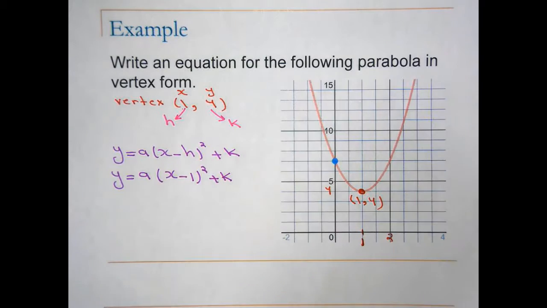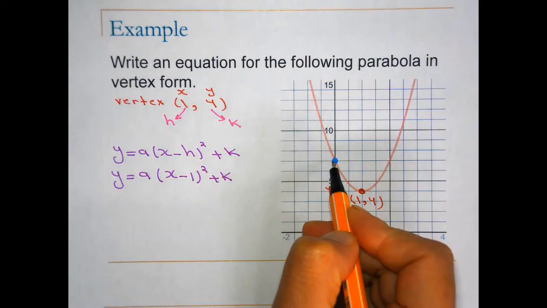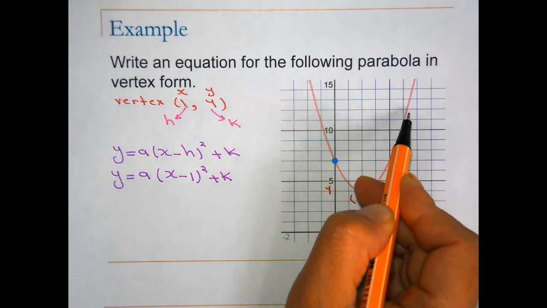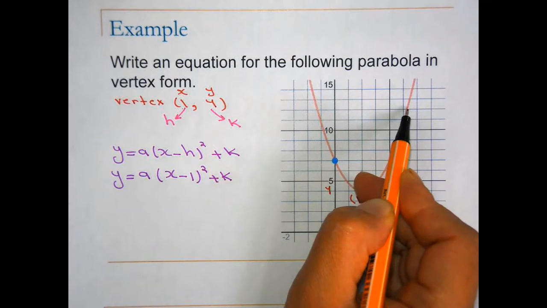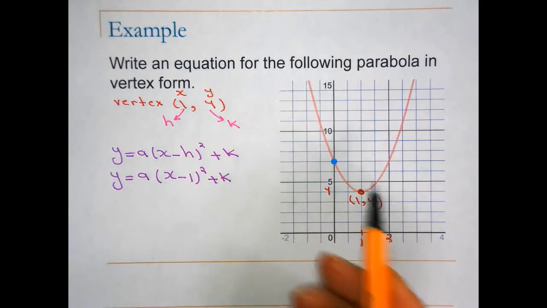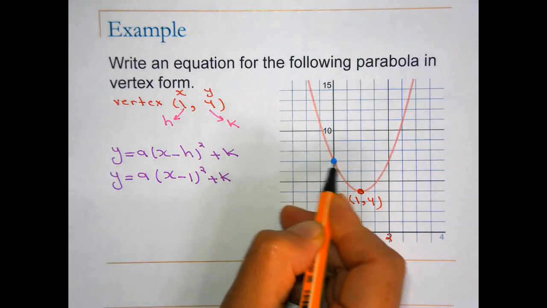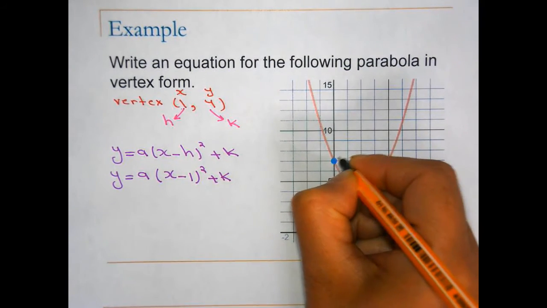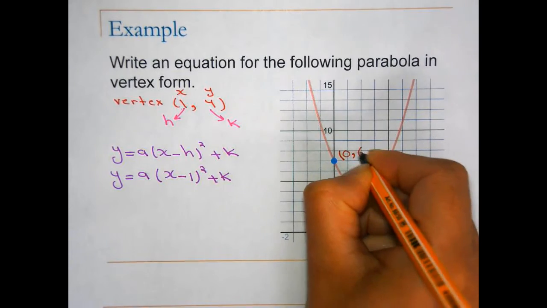Now you have to find the point where you can exactly read the coordinates as integers. For example, picking this point is not a good idea because you cannot exactly know what the coordinates are. This point is a good point because it is exact. The coordinates are integers, and this point is 0 and 6.